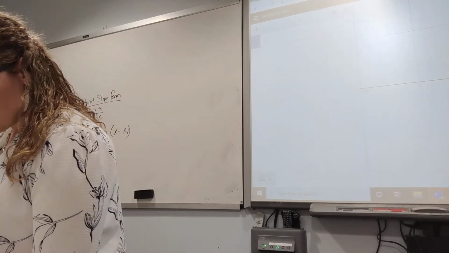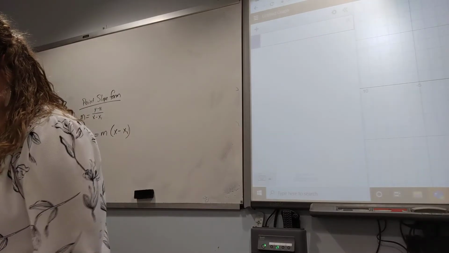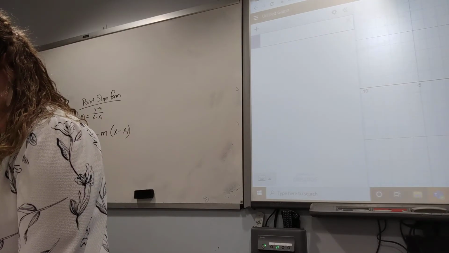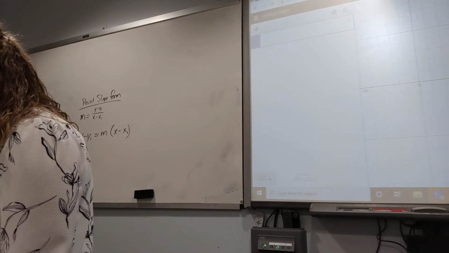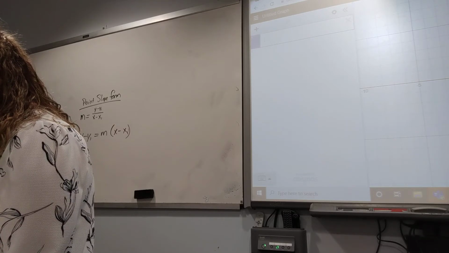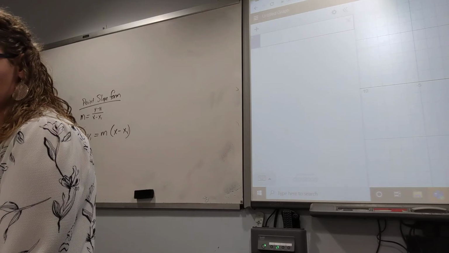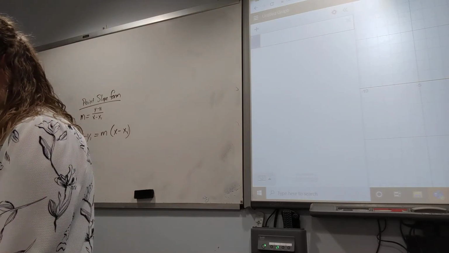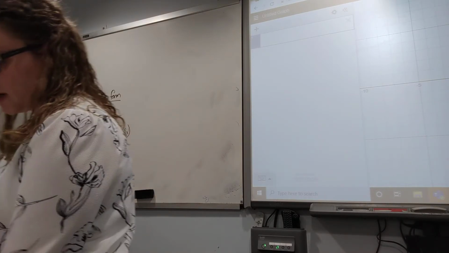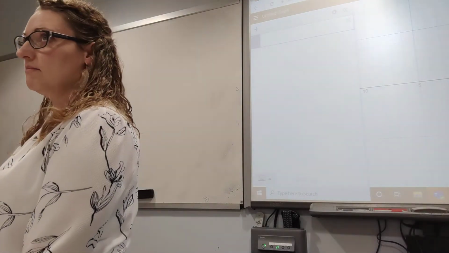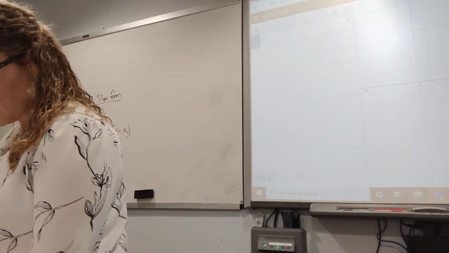So they have an example in your book. There's the graph on the right, there's 1, 1, and 2, negative 2. Does everyone see that? Okay, so that is what they're going to try to write in a number sentence.